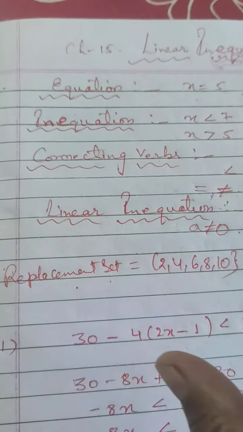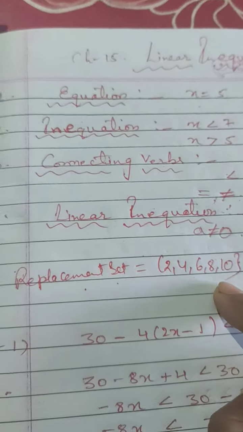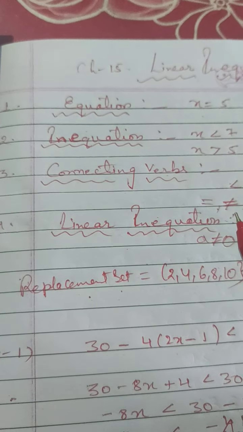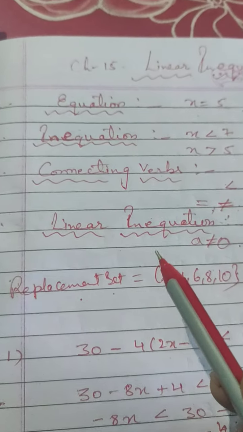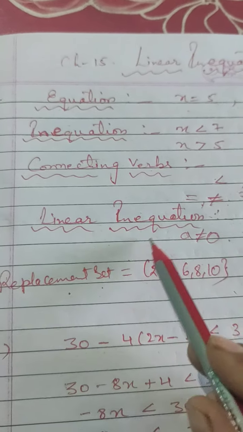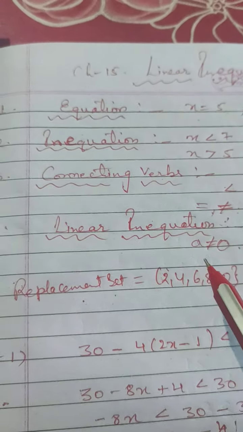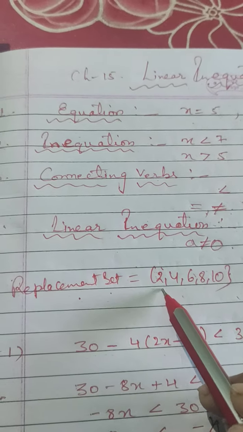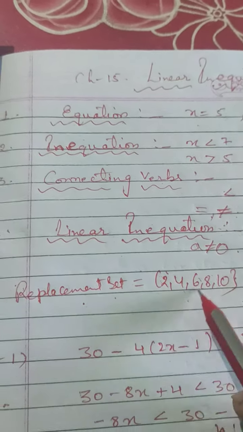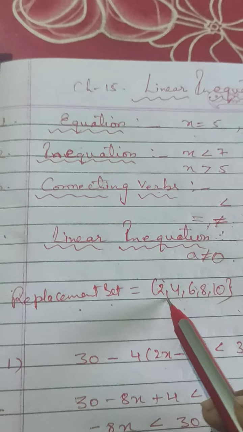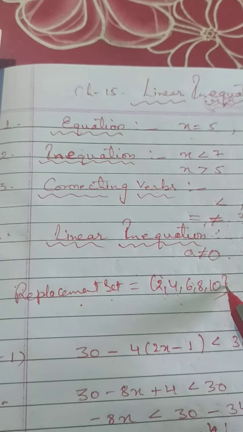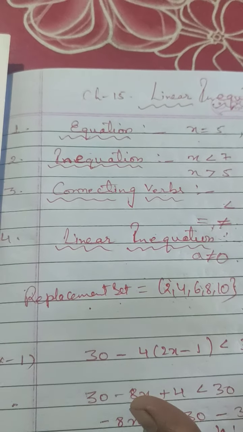Whatever numbers are given, all the numbers present in this set, that is the universal set. Or you can say in a linear inequation, the set from which the values of variable x are chosen is the replacement set. The values of variable x are chosen from the universal set 2, 4, 6, 8, 10, right? So this is the universal set, children.